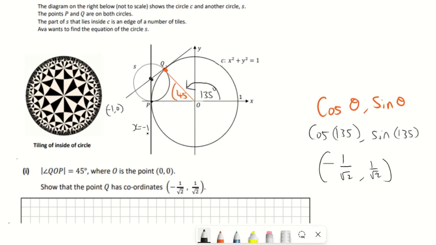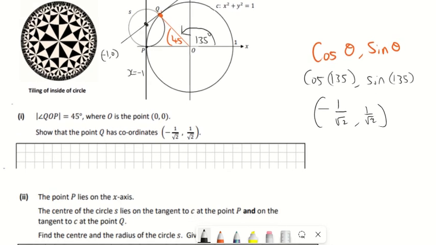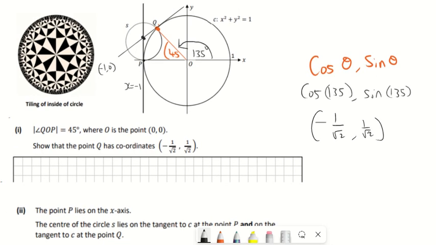Now the other one, we're going to find the equation of the line of the other one. So if you just look at that line there first of all, if I get the slope of that line, and because they're perpendicular, that'll help me work out the slope of the other line that I want, the one that goes through Q and the center.